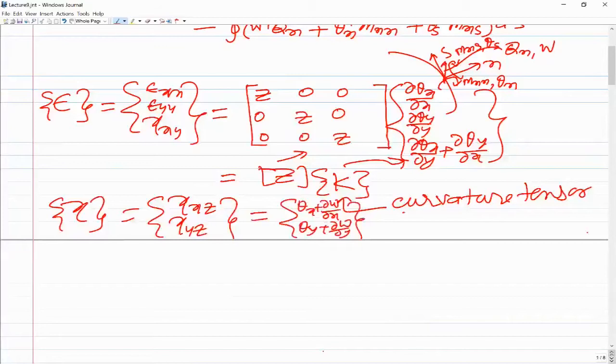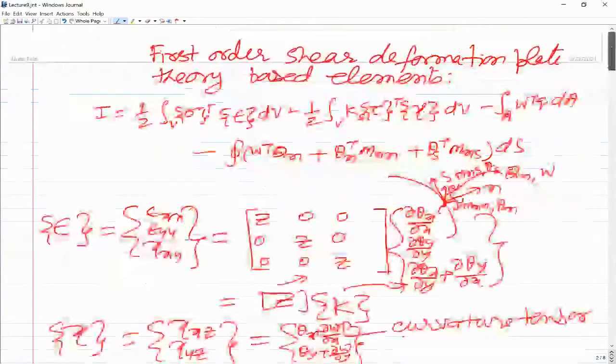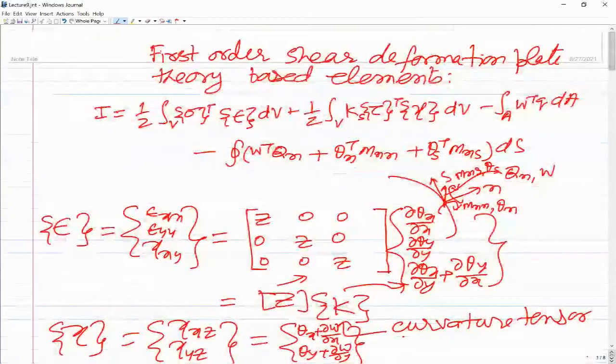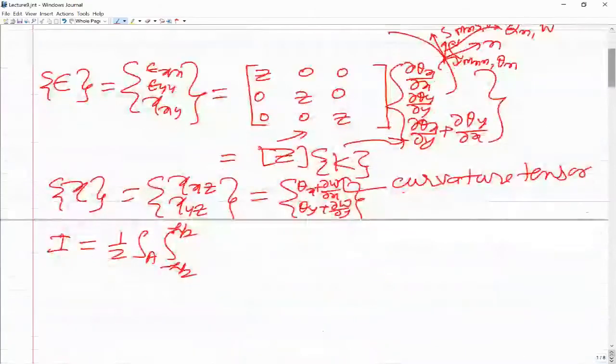Now if you look at this integral functional I, we substitute these expressions for epsilon and gamma in it. We can split the volume integral into area and through-the-thickness integration, from minus h by 2 to plus h by 2. Then we have sigma transpose into epsilon. Sigma is C into epsilon, so sigma transpose would be epsilon transpose into C transpose, and C is symmetric, so it equals C. Epsilon transpose would be kappa transpose into z transpose.